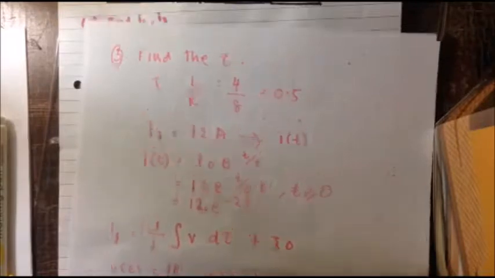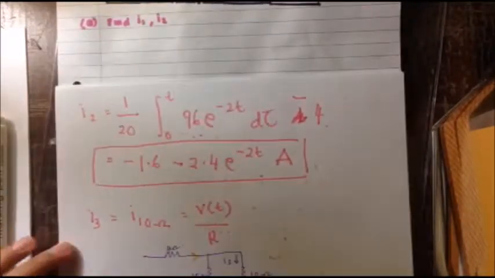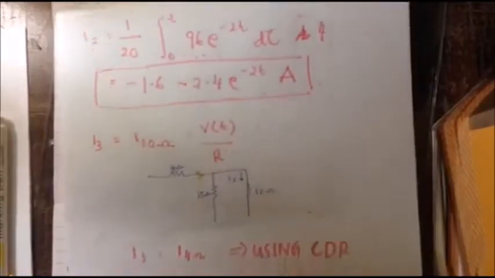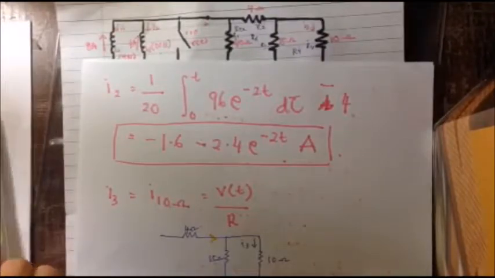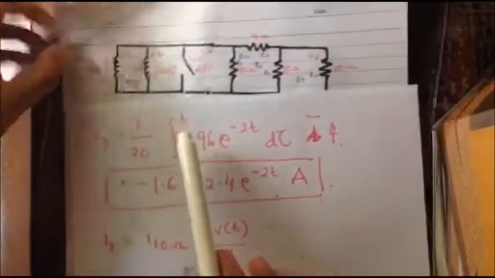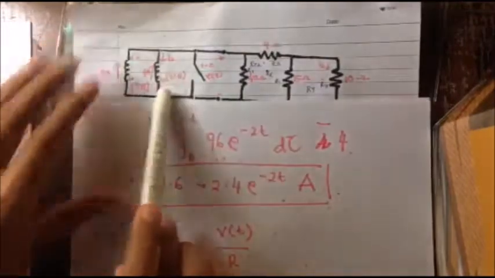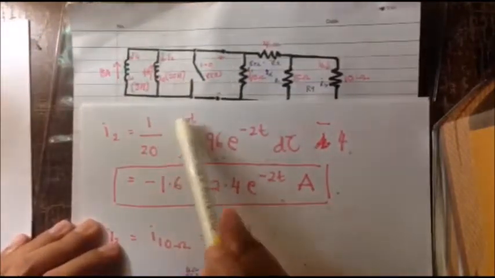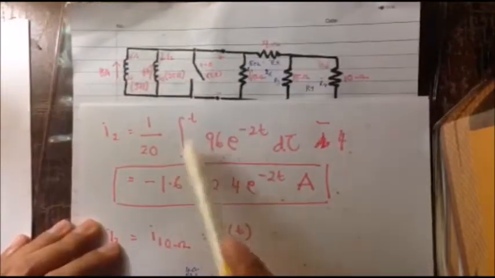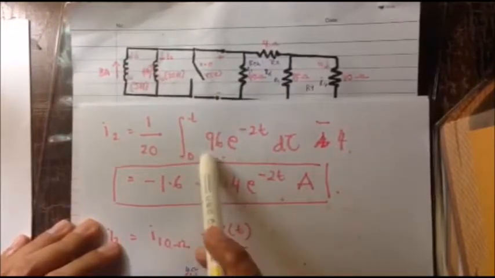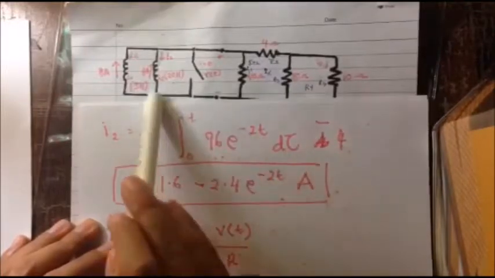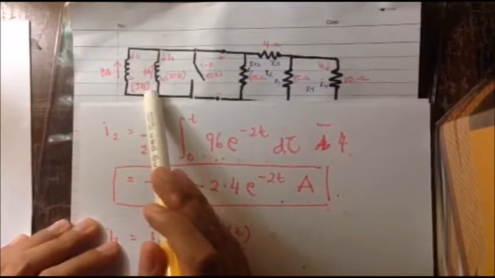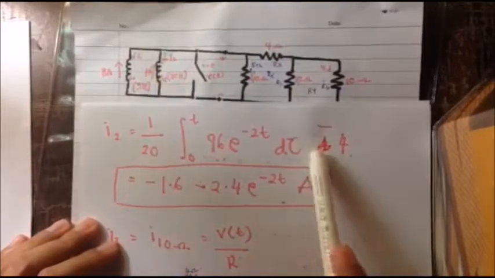Next is to find I2. I2 is equal to 1/20 because L2 is 20 Henry, times the integral from 0 to t of 96 e^(-2t) d tau, minus 4 because the I0 for L2 is negative 4.